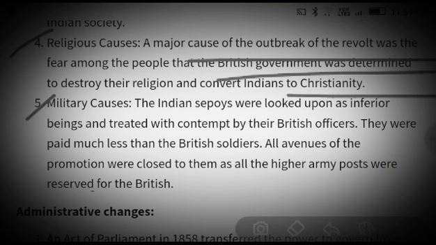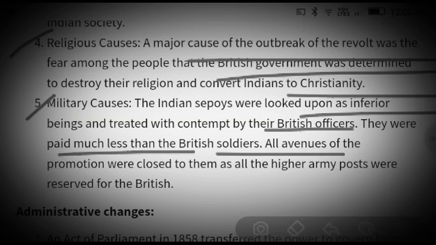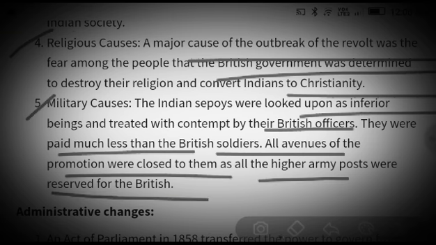Indian sepoys were looked upon as inferior beings and treated with contempt by their British officers. They were paid much less than the British soldiers. All avenues of promotion were closed to them, as all the higher army posts were reserved for the British.